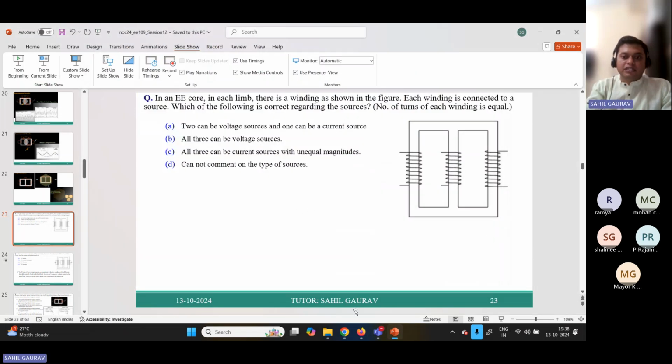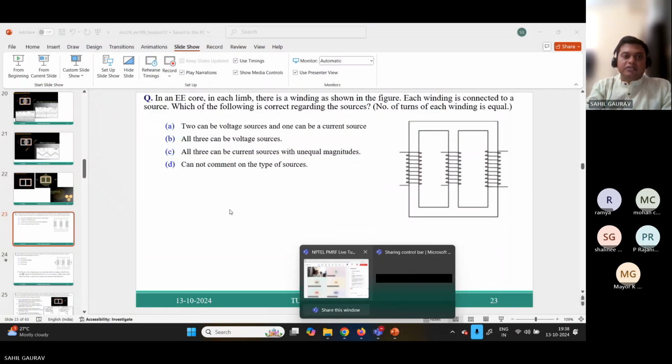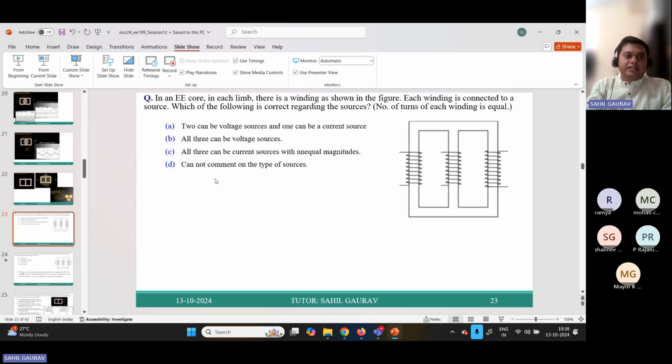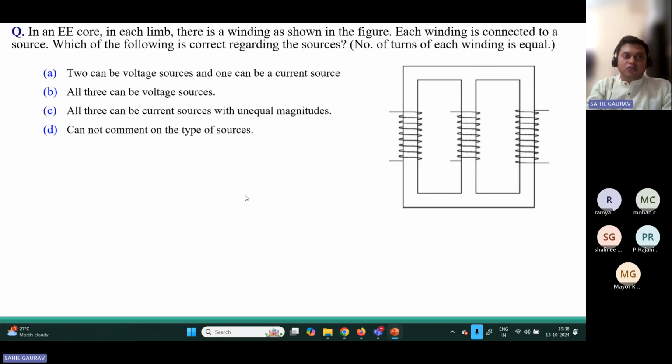Yes, it is true, Rajnikant, correct. So A option is correct. We have seen that two can be voltage source while one can be current source.